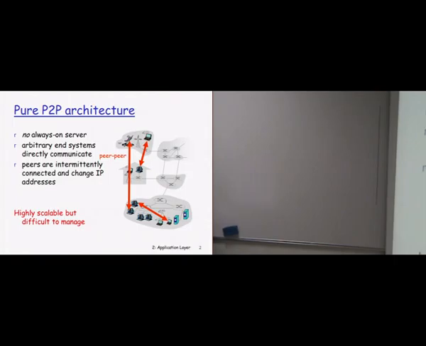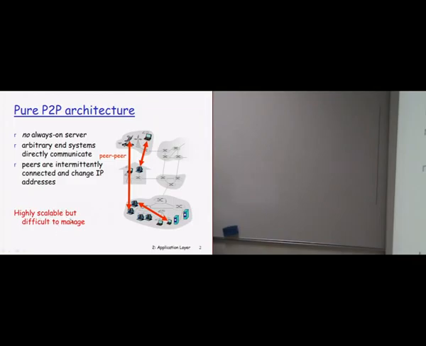It can be a dynamic IP address, so it can change. Usually these are assigned through the DHCP pool when a user gets a connection from its service provider. So it is highly scalable, but it is difficult to manage, because there is no server to keep track of these peers over the internet, and they can have a direct point-to-point connection from one to another.